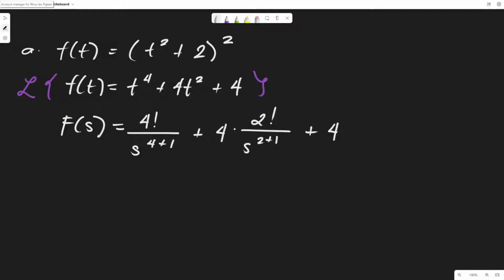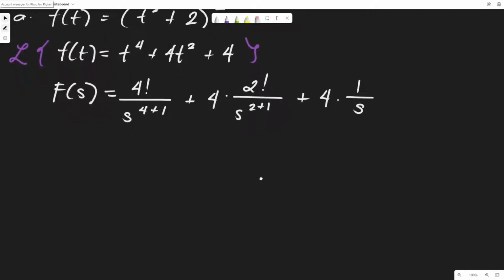Then plus 4 times, alam natin na pagka constant, sa ating Laplace transform table, kapag ang tinahanap is the Laplace transform of a, that is equal to a over s. So we have 4 times 1 over s. Hinihiwalay ko lang yung mga constant para hindi siya nakakalito.